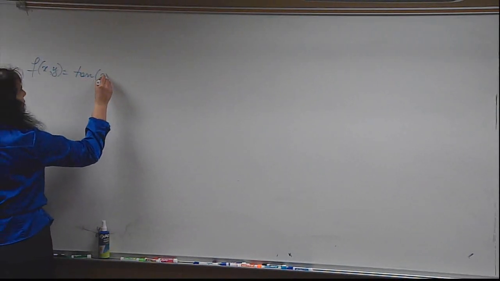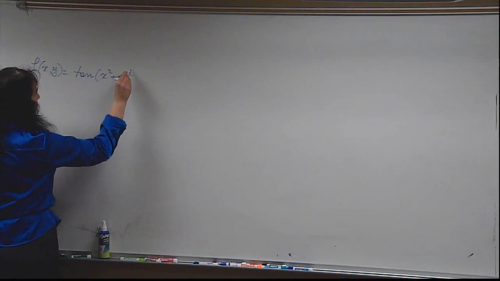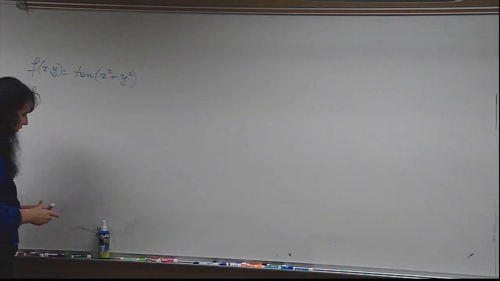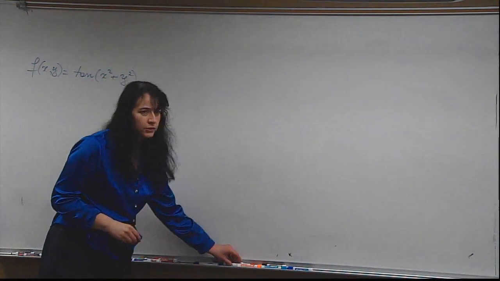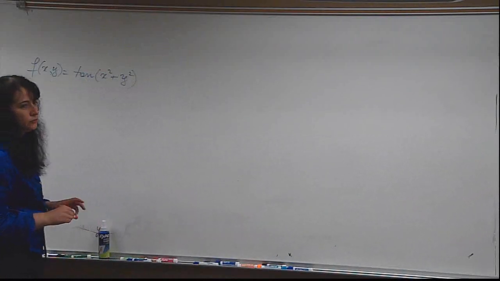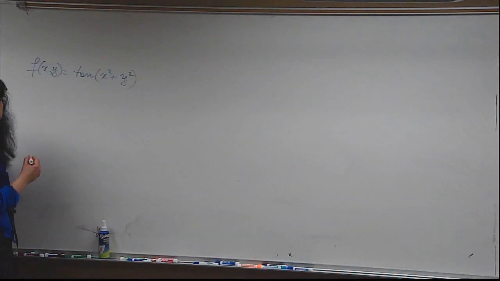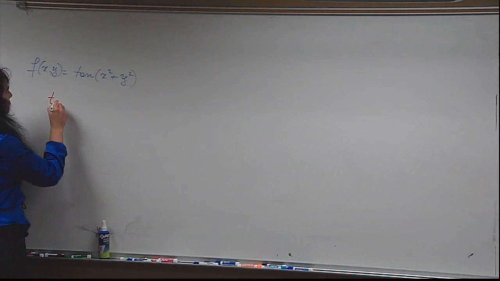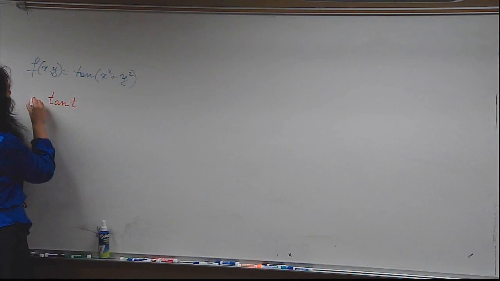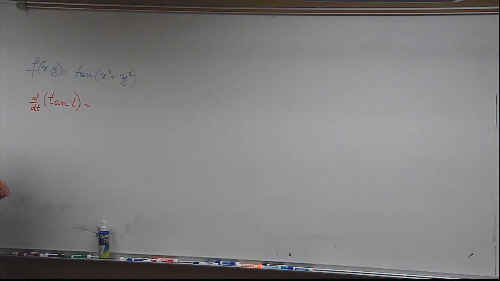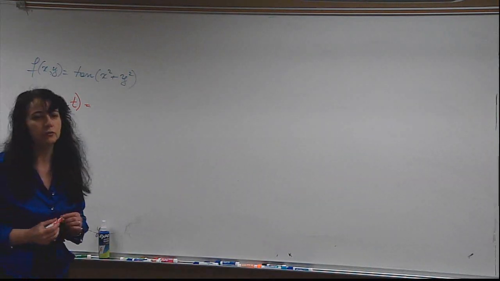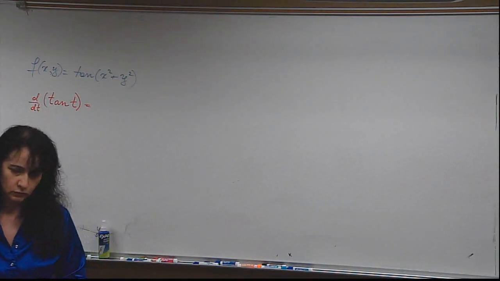Tangent of squared plus 1. Is this hard? No, it's okay. But you have to remind me, because I pretend that I forgot. Let me pretend that I forgot what the derivative in Leibniz notation of tangent of t was. Yeah, I was waiting for secant.